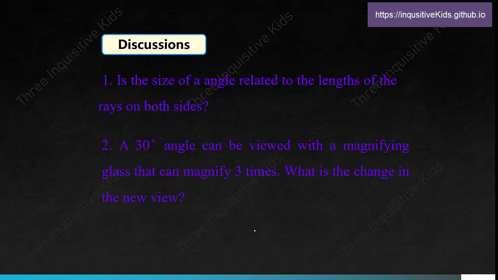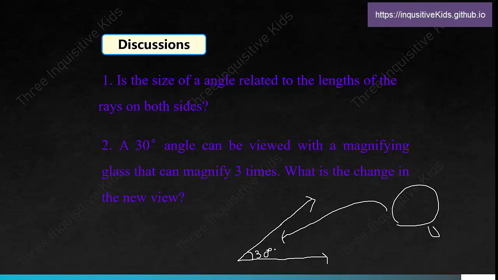Let me draw another one. This is, say, a 30-degree angle with rays. Now we're going to take a magnifying glass and magnify over here so we only see this part.